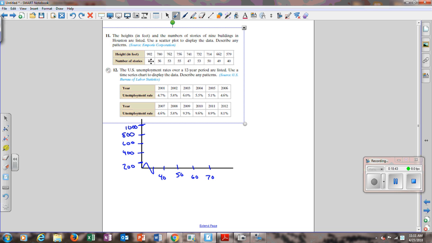All right, so for the one at 71, you go out a little past 70 and almost up to 1000. Make a dot. And for 780, it's 56. 56, a little over halfway.